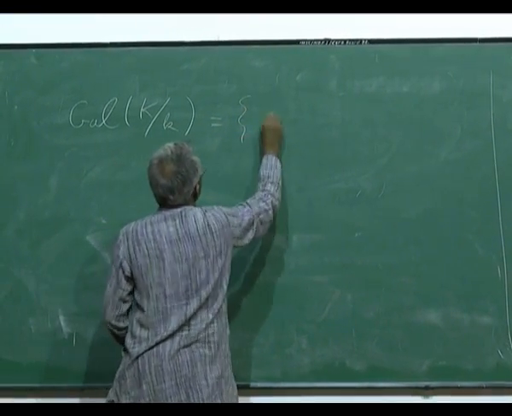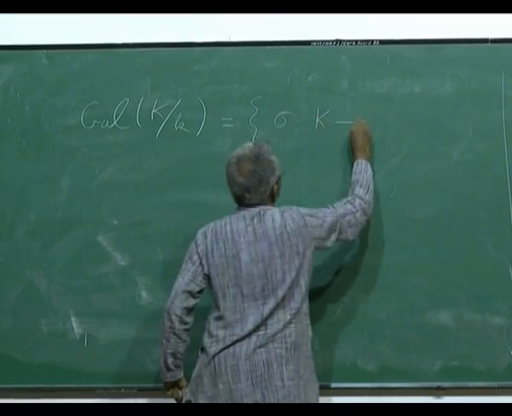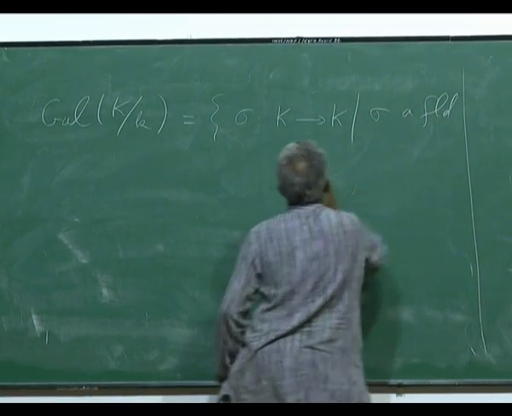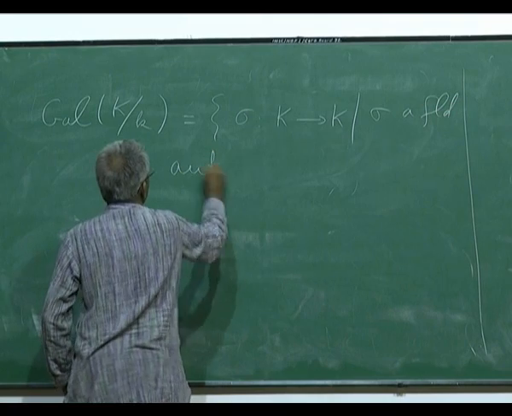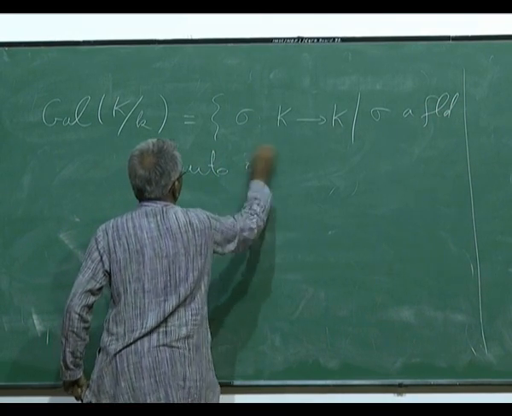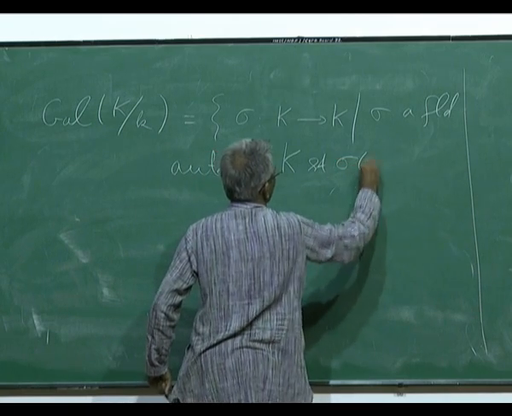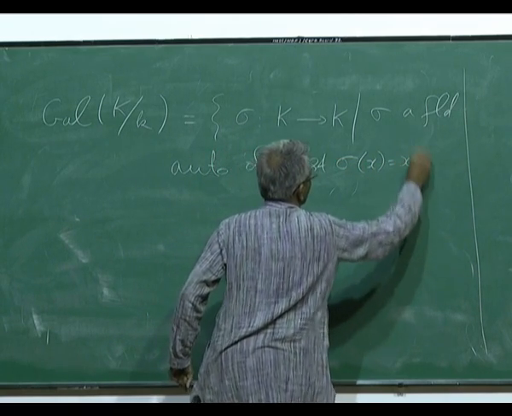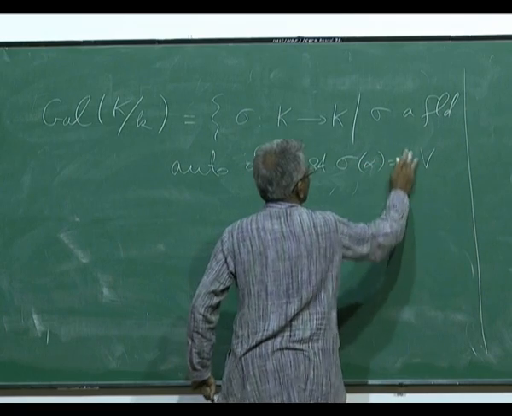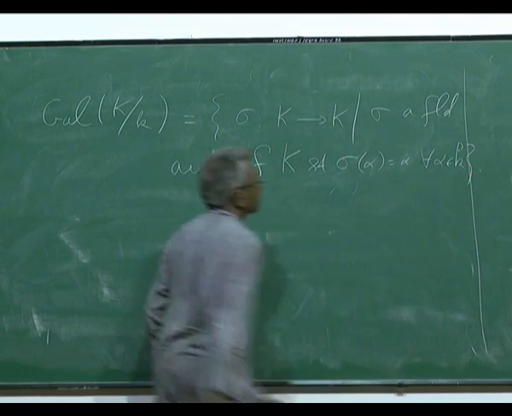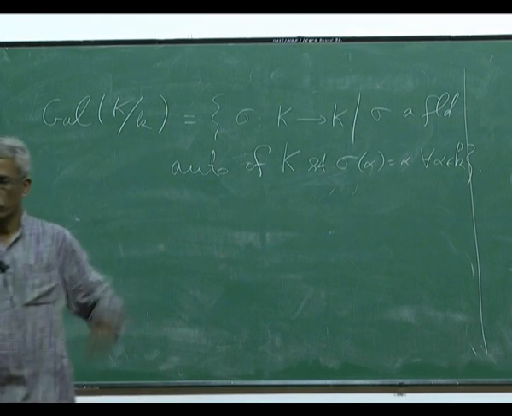This is equal to the set of all sigma from K to K, sigma a field automorphism of capital K, such that sigma of alpha is equal to alpha for all alpha in small k. That is the Galois group.